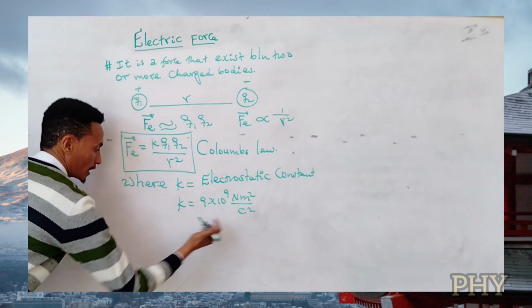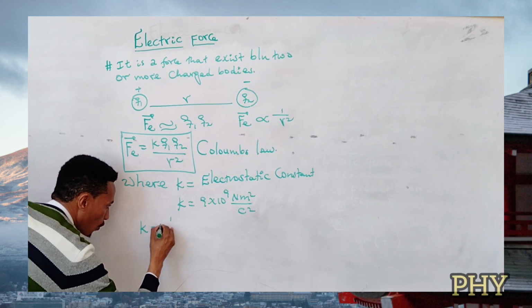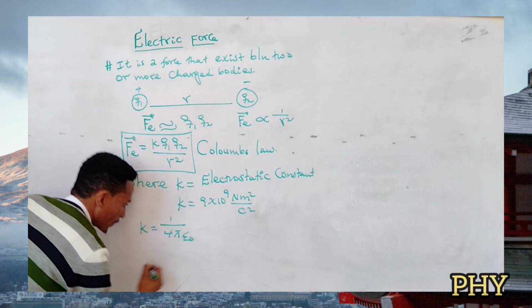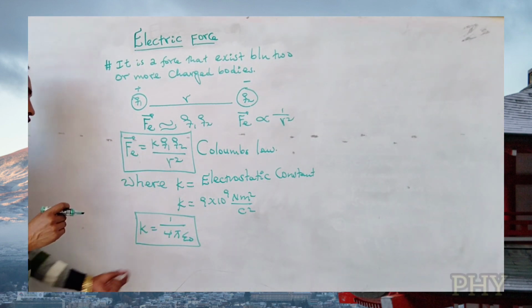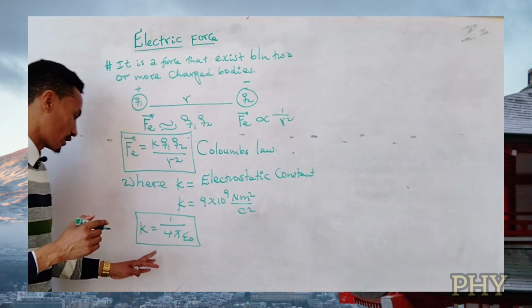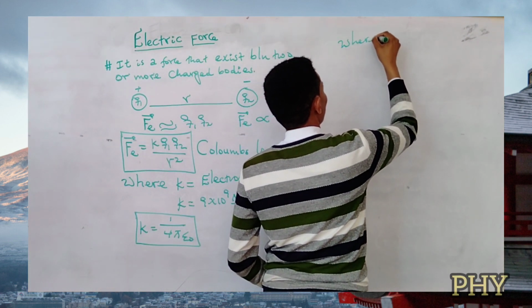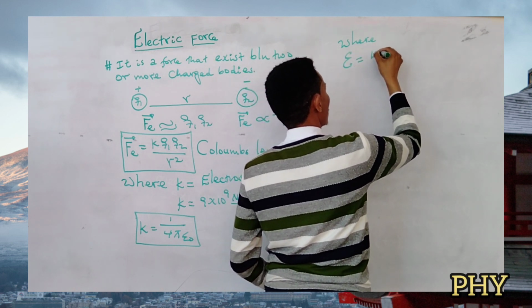This value is derived from k equals 1 over 4 pi times epsilon. This is how we easily know the size of the electrostatic constant. Here, this letter is a Greek letter called epsilon.